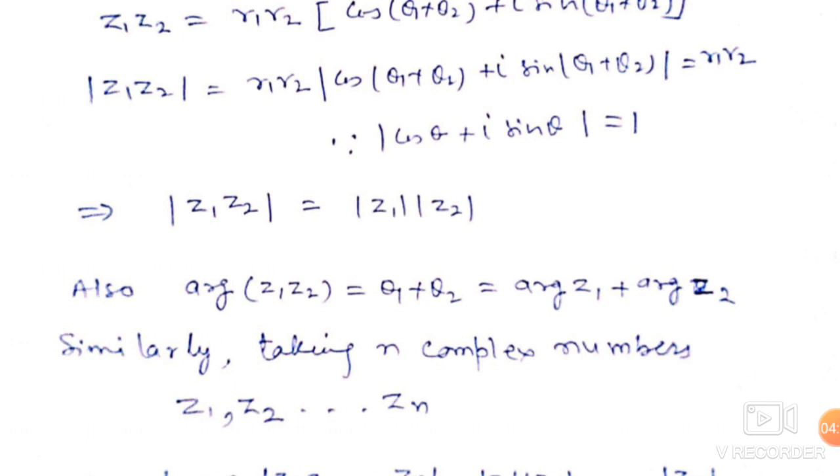Similarly, also argument of Z1 Z2 equal to theta 1 plus theta 2 equal to arg Z1 plus arg Z2.